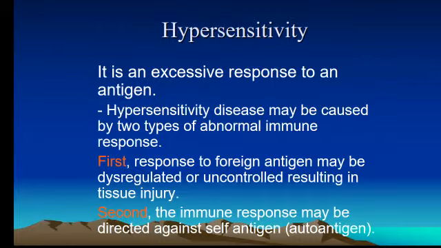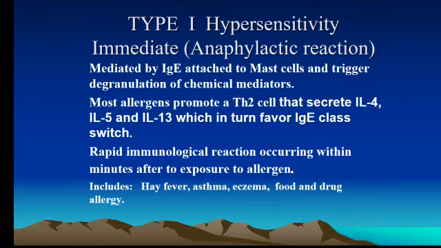The excess response to antigen, hypersensitivity, may be caused by two types of abnormal immune response. Moving to the next slide, we have type 1 hypersensitivity, which is uncontrolled, as we mentioned before.